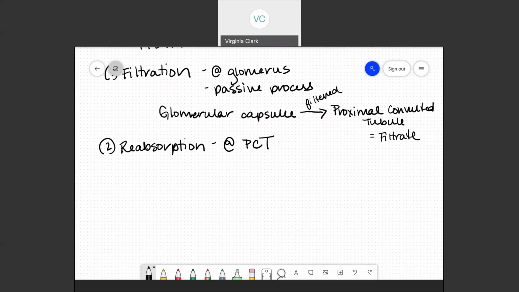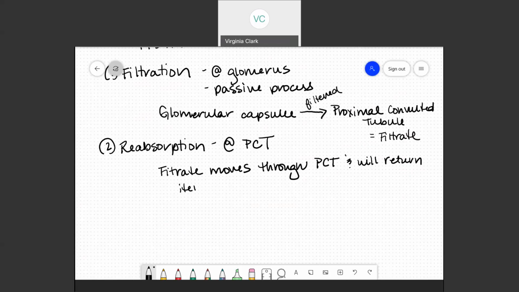What is happening here is your filtrate moves through the PCT and it will return whatever things it needs to return to the peritubular capillaries. That's something I haven't actually talked about yet. So your filtrate will move through the PCT and will return items to the peritubular capillaries.